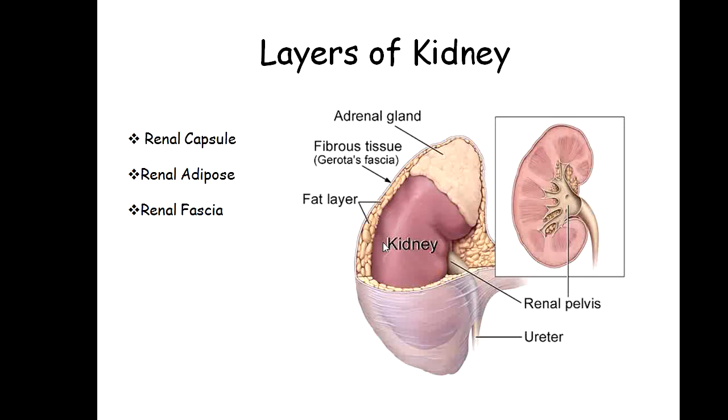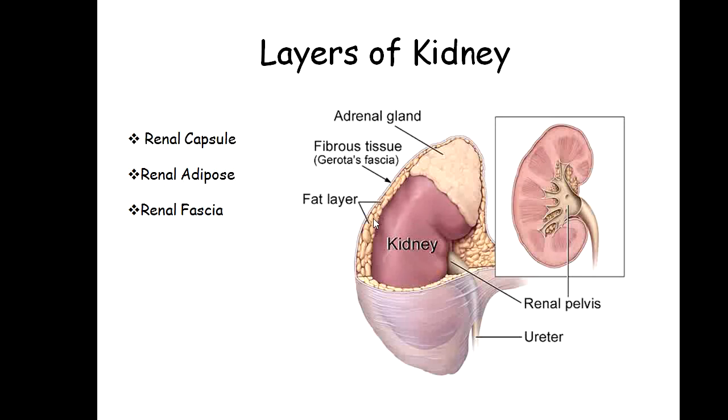This is the first layer upon the kidney, which gives protection and proper shape to the kidney. This first layer is called the renal capsule.